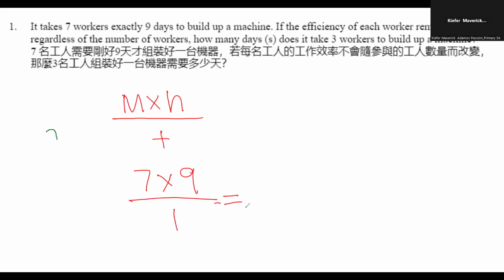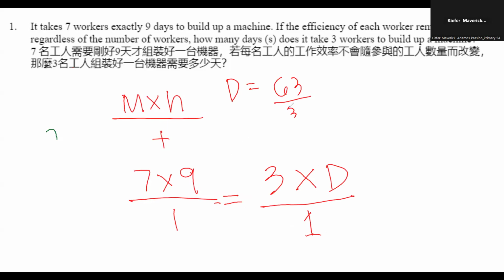Now, that is equal to 3 workers multiplied by the unknown hour, over 1. So, 7 times 9 is 63. 63 is equal to 3D. D is equal to 63 divided by 3, or D is equal to 21.